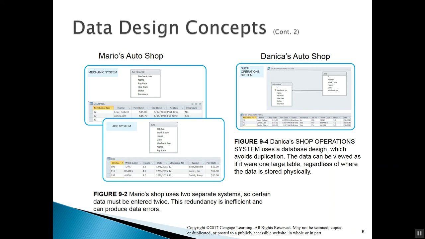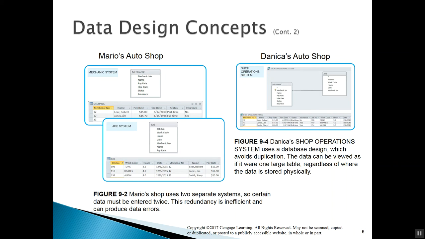Data's stored in records. Each record will have a number of different fields. Now the record is information that's being collected about a specific entity or object. Let's say a student, or in the example that I've got on the screen now, a mechanic. A mechanic has certain information associated with it.